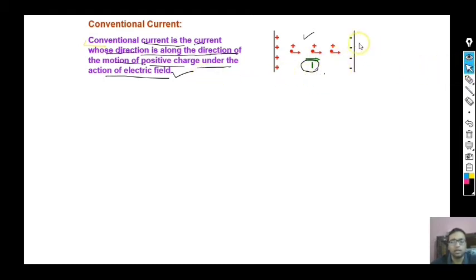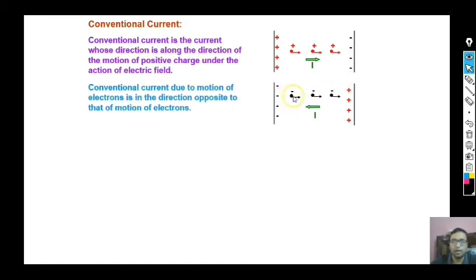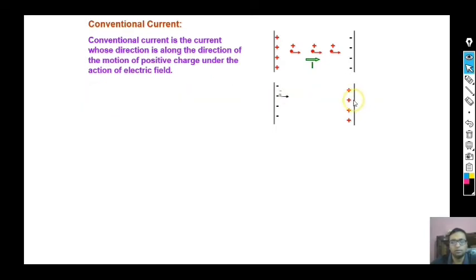We have one more aspect to understand this concept. Suppose we have a negative plate and a positive plate. Then electrons from the negative plate are moving towards the positive plate, as you can see in this manner.